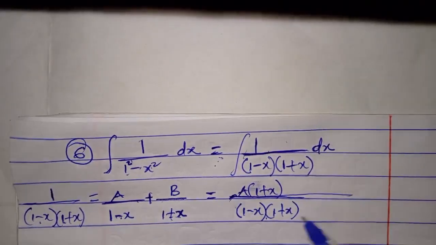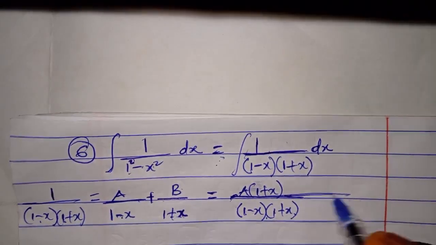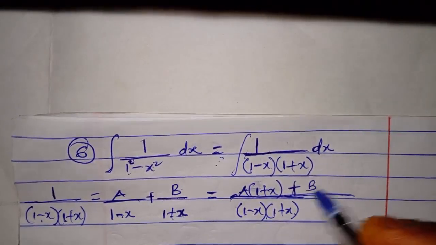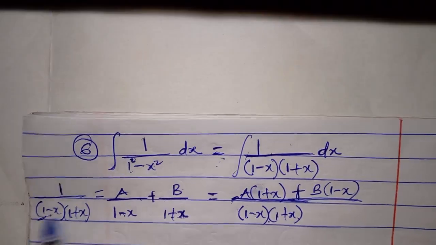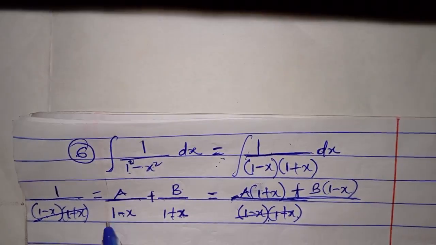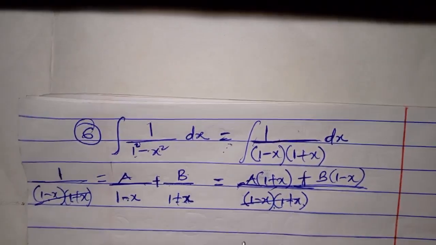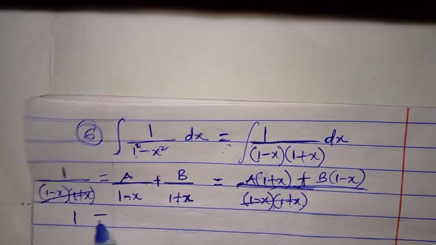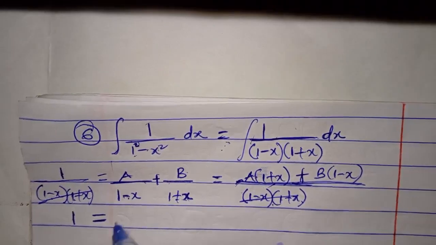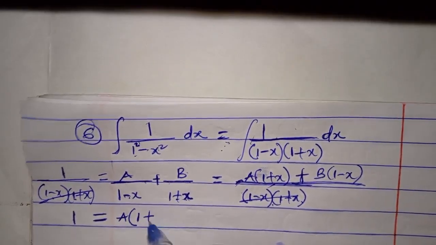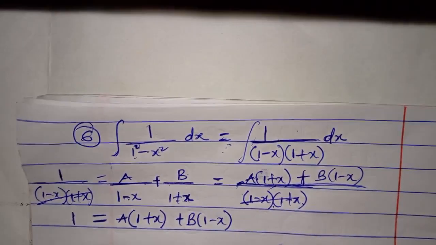The LCM again divided by this is 1 minus x times b, that's b in bracket 1 minus x. So if these two cancel out, I'm not working with the denominators anymore because this is equal to this. So I'm having 1 equal to, what's left here? a in bracket 1 plus x plus b in bracket 1 minus x.